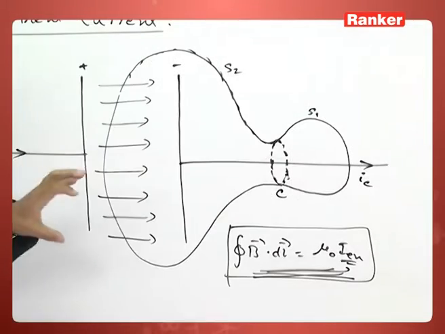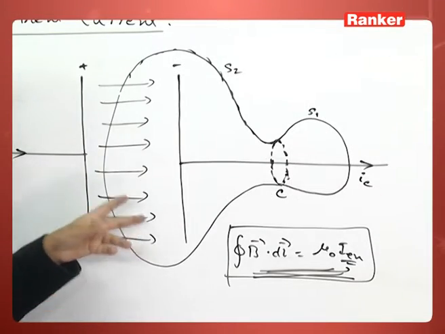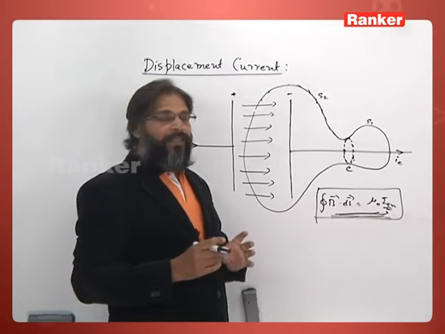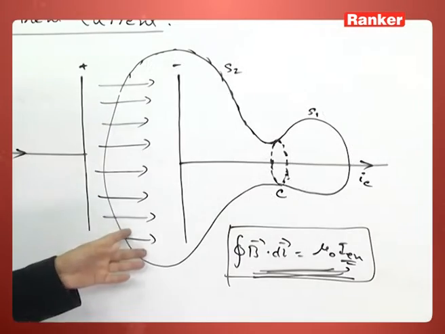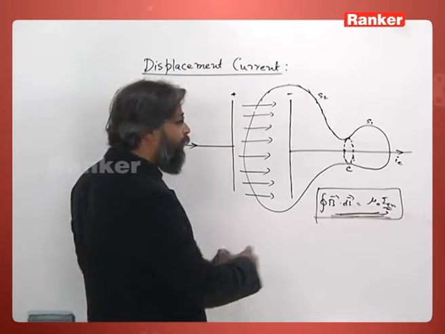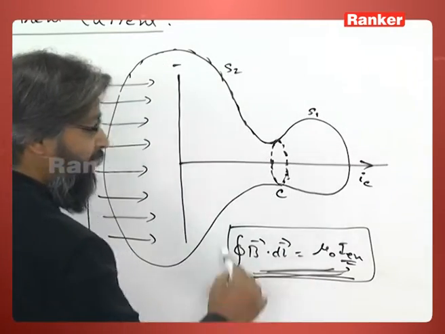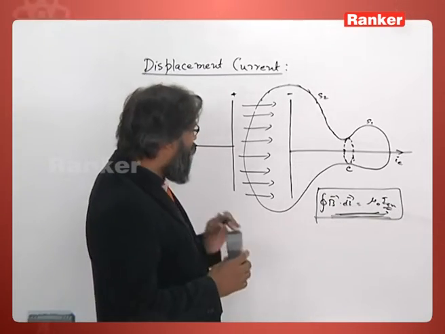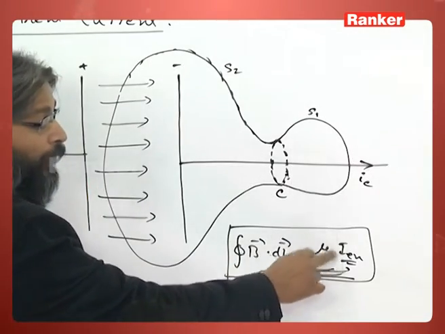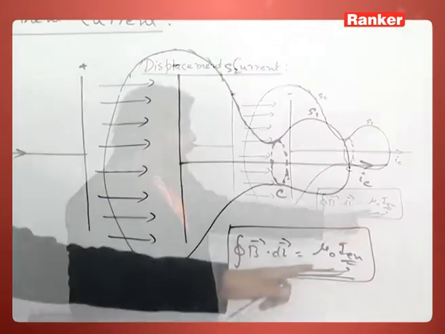So this was the idea conceived not on experimental basis but on the theoretical basis by James Clerk Maxwell. Now let us predict what modification is required in Ampere's circuital law to accommodate the magnetic field produced by time varying electric currents.